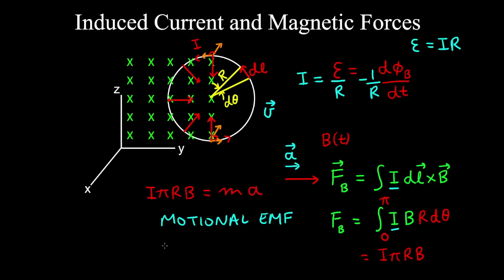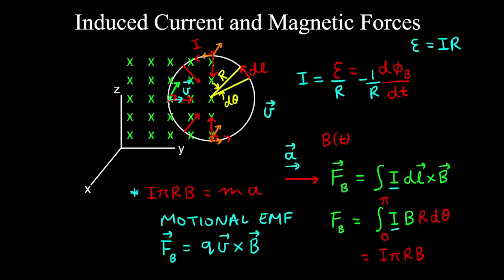So therefore, when this loop's in motion, we'll have a magnetic force that's acting on a charge in this loop by the cross product between the velocity and the magnetic field. So at every point along this loop, you're going to have the same velocity pointing to the right, because as we saw, the loop is undergoing translational acceleration, and a magnetic field vector points into the screen.